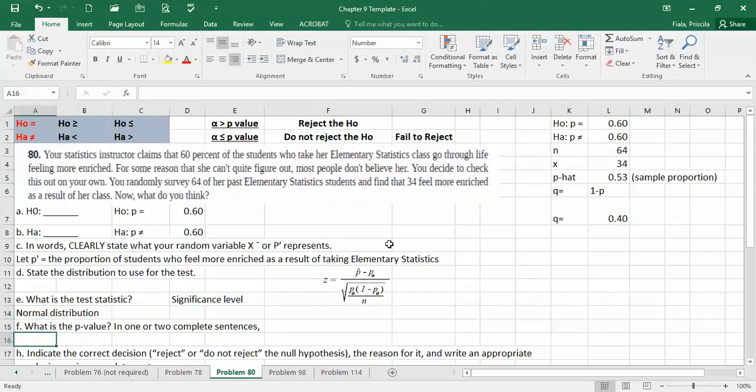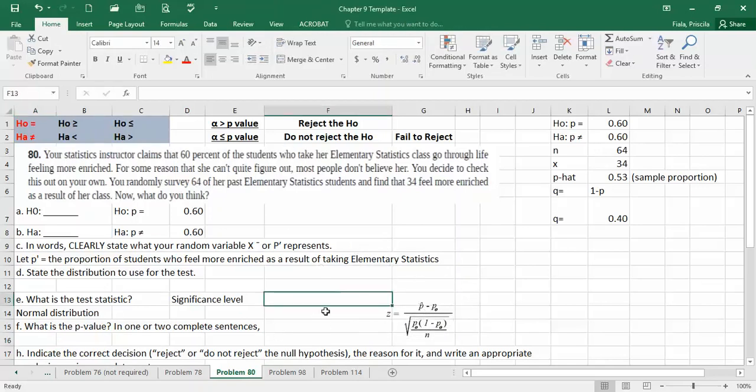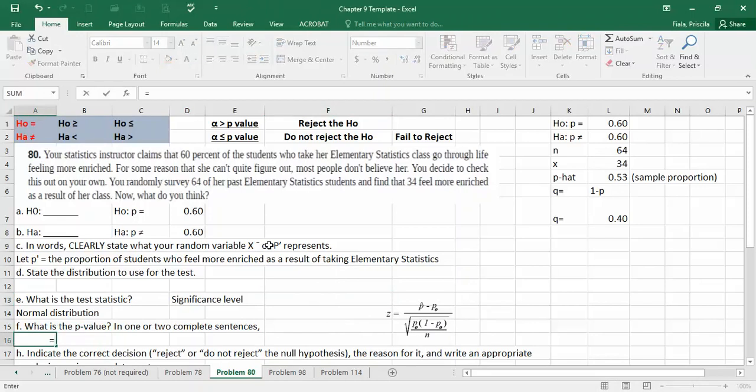What is my p-value? In order to calculate my p-value, I'm going to need this formula right here. So let's go and try to replace all the values. And instead of referring to the cells, I'm going to put the numbers to see if it makes more sense to you.